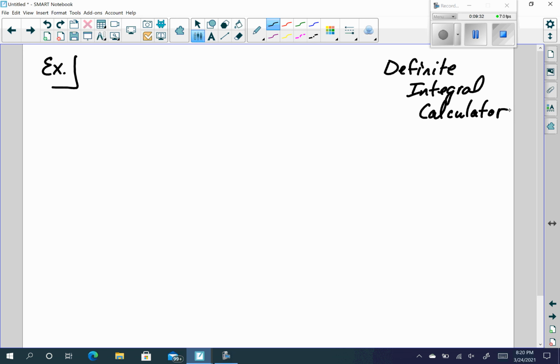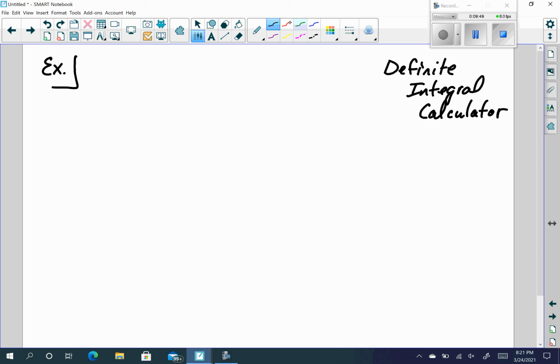I forget if it's in this section, some problems maybe in this section, or the last section will have you do that. It tells you to use your calculator to find the integral, and that's where you can use this. But if it is possible to evaluate the integral by hand, then you definitely want to do that.